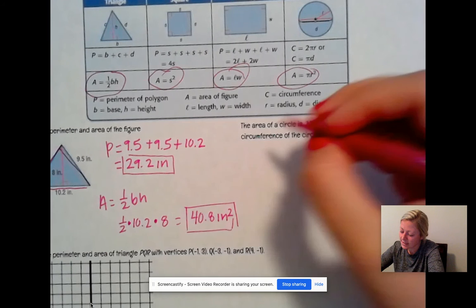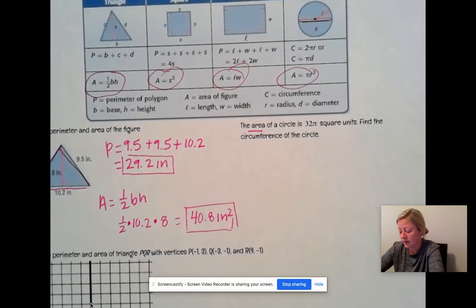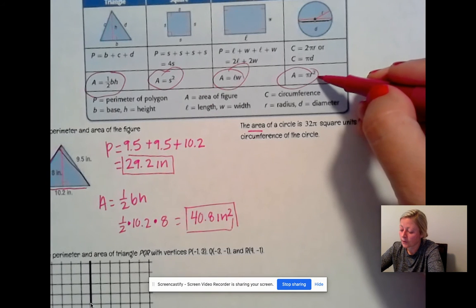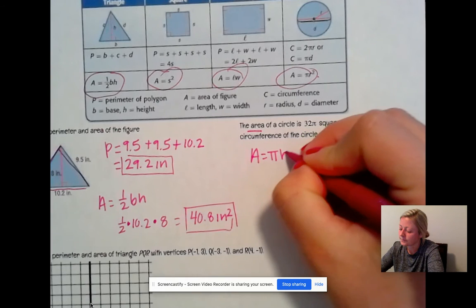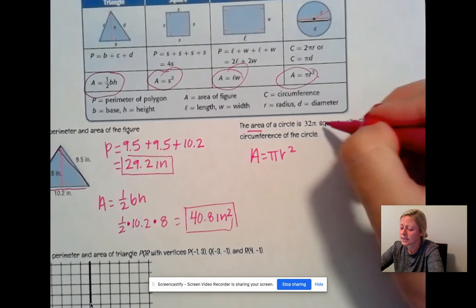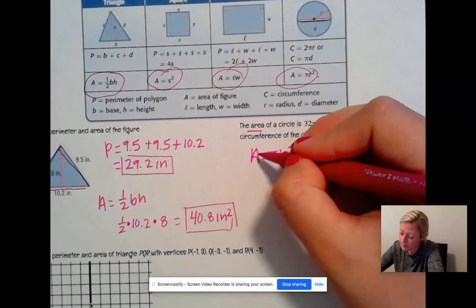Here's our area formula, so I'm going to write it down. Area equals pi r squared. And now they told us that this equals 32 pi. So I'm going to plug 32 pi in for my A, since that's how much it equals.